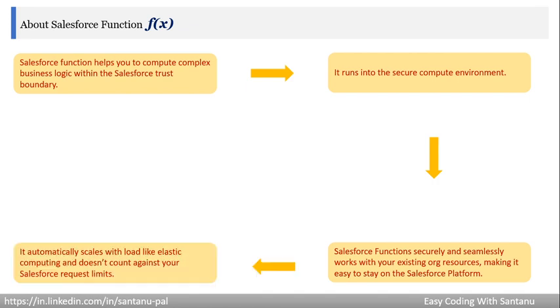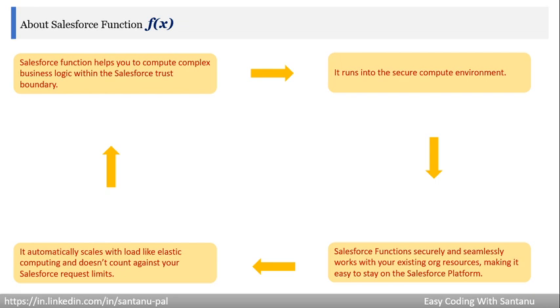Now it automatically scales with load, like the elastic computing I just discussed in the previous slide. So it automatically scales when your demand increases or goes down, and obviously it doesn't count against your Salesforce request limit.